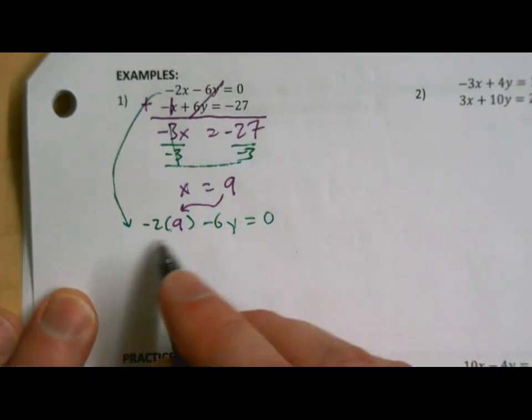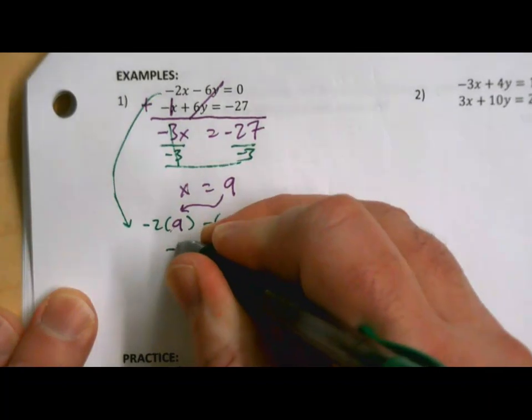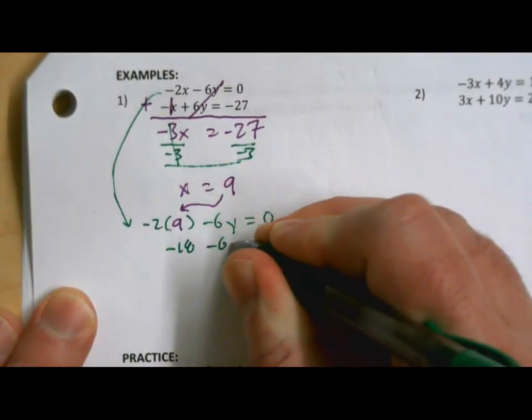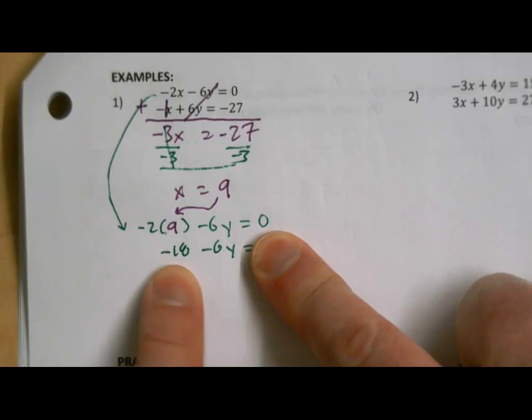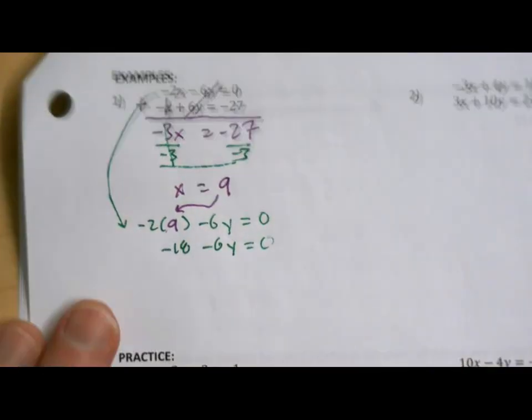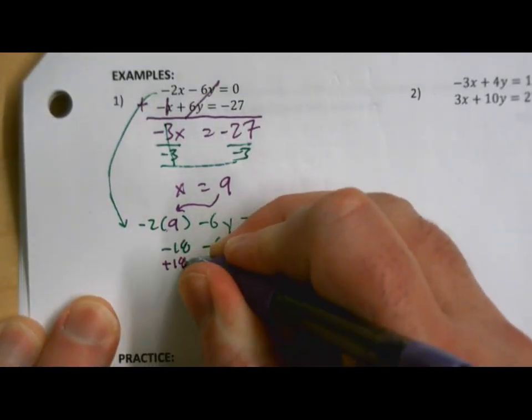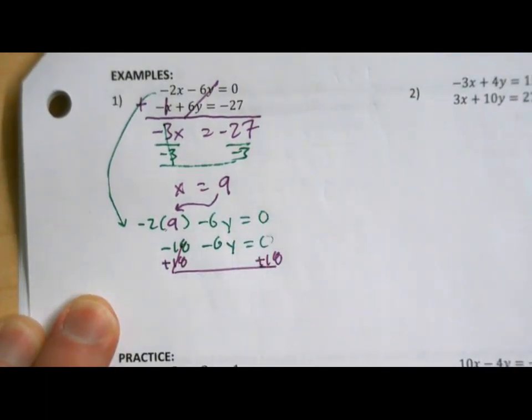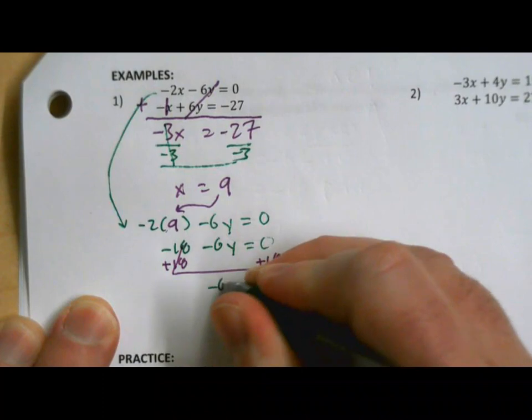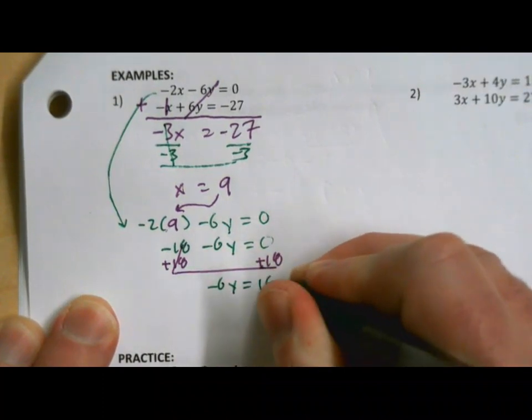Let's simplify this a little. Negative 2 times 9, that's negative 18. Minus 6y equals 0. And we're going to work on this side, trying to get y by itself. Let's get rid of that minus 18 first. We'll do plus 18 on both sides. Now I got negative 6y equals 18.